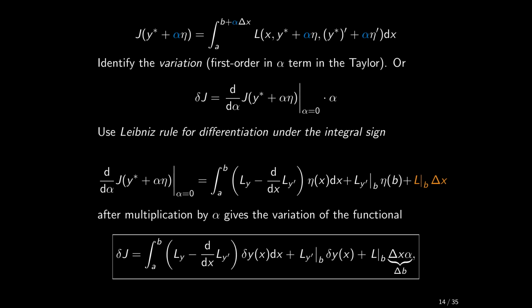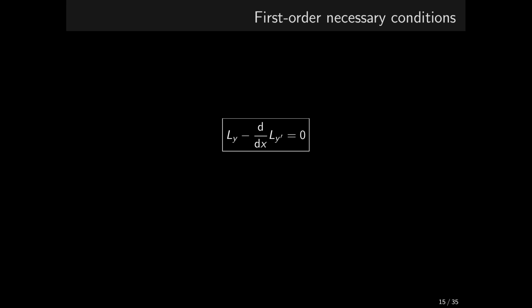And we get our old friend, Euler-Lagrange equation. The other two terms must vanish together. We get two conditions. Note that while Euler-Lagrange equation imposes some constraints throughout the interval, the latter condition imposes constraints at the right end of the interval only.